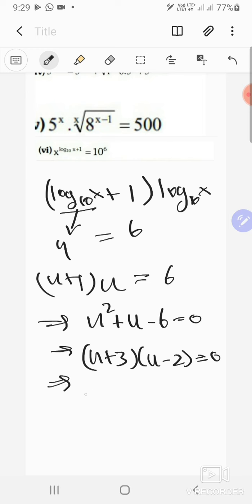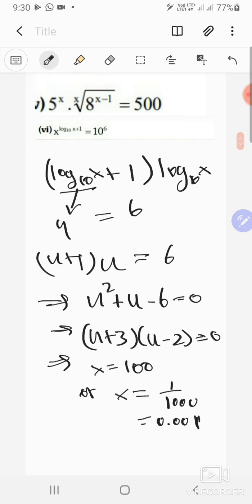So u, which is log base 10 of x, equals 2, that gives me x equals 100, or u equals minus 3, that will give me x equals, not negative, 10 to the negative 3, which is going to be 1 by 1000, or 0.001, I guess. Fine, that should be the solution of this question. Okay, cool.